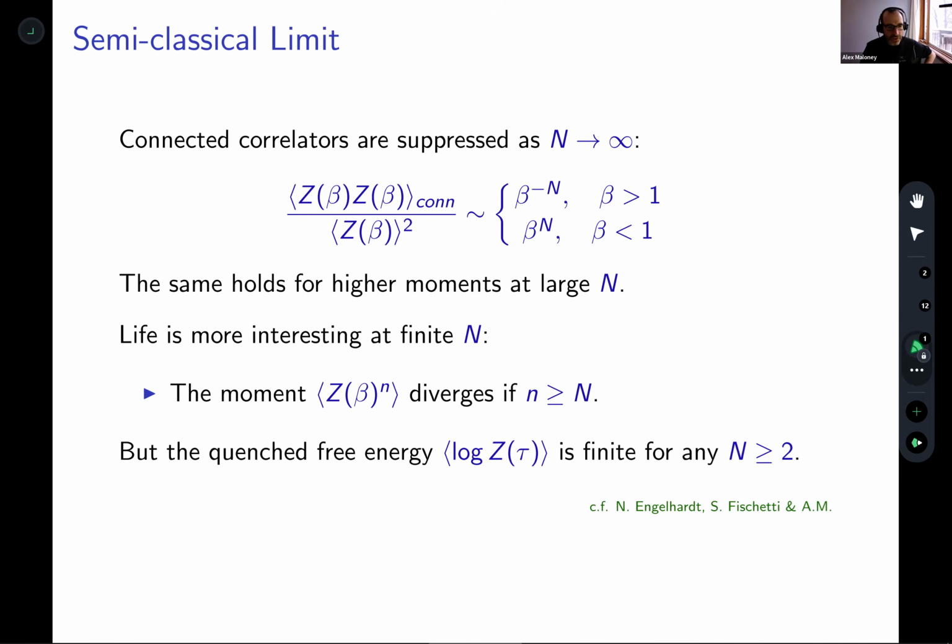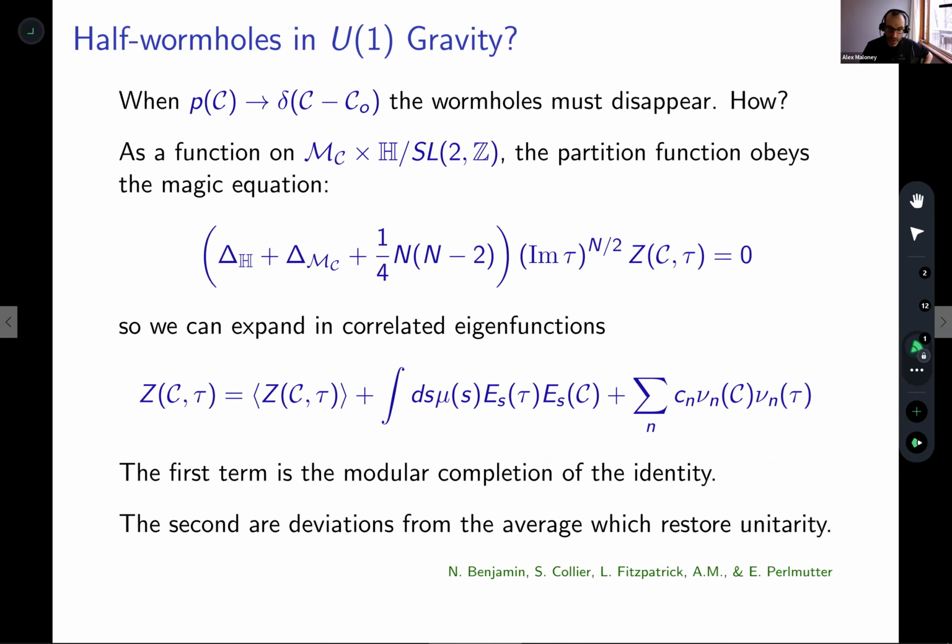There's one interesting distinction between the annealed and quenched free energies of the theory that I think is worth talking about if anyone is interested. I think there's also some interesting things we could say about how unitarity is restored as we go from some probability distribution to an individual CFT.